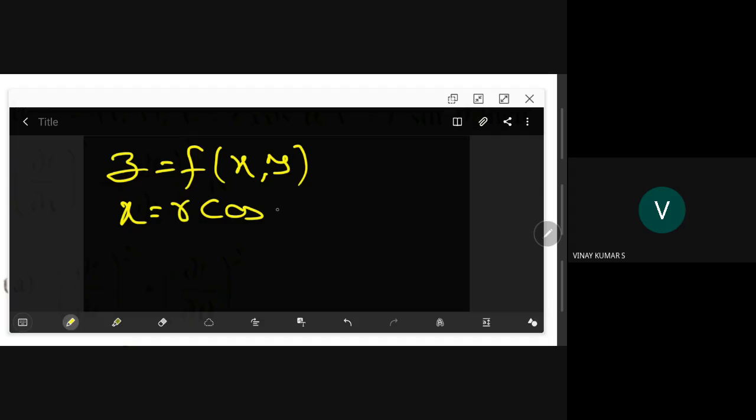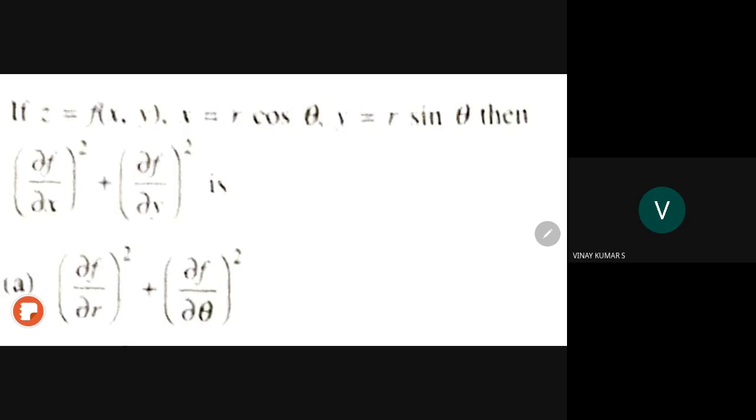z is f of x, y. x is r cos θ. y is r sin θ. From this one, we need to find (∂f/∂x) whole square plus (∂f/∂y) whole square.